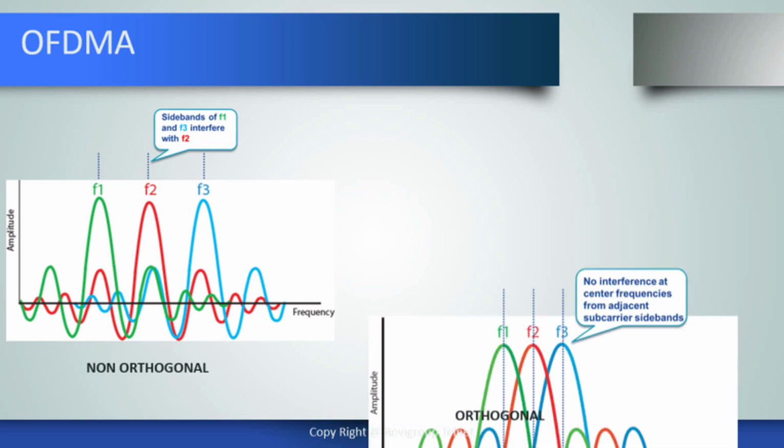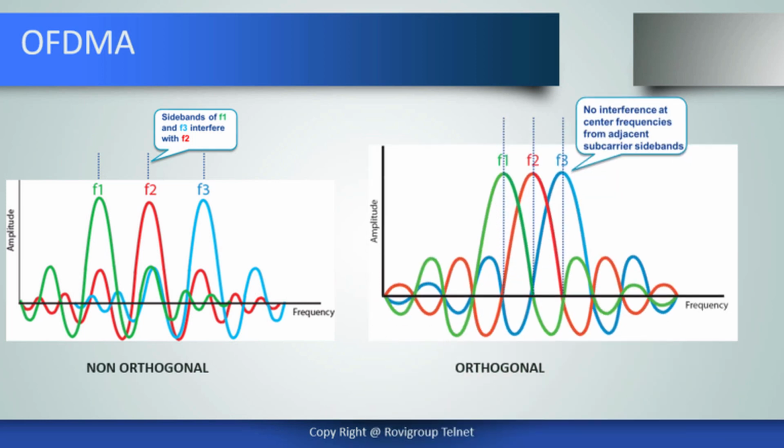What do we mean by orthogonal? This is the orthogonality between f1, f2 and f3. The orthogonality is achieved in a way that there is no interference at center frequencies from adjacent subcarriers' sidebands. F1 is a subcarrier, F2 is a subcarrier and F3 is a subcarrier.